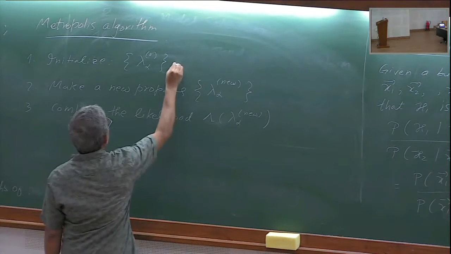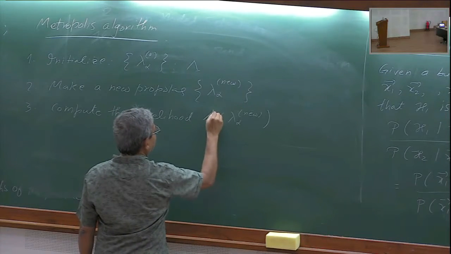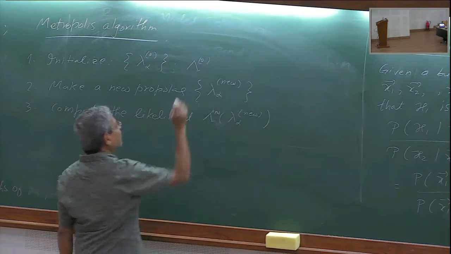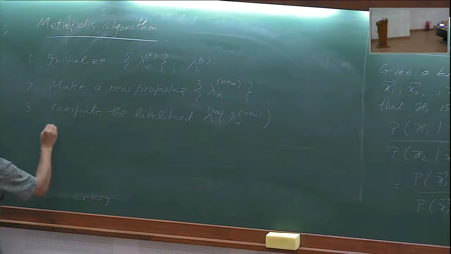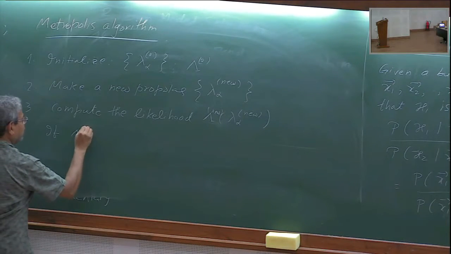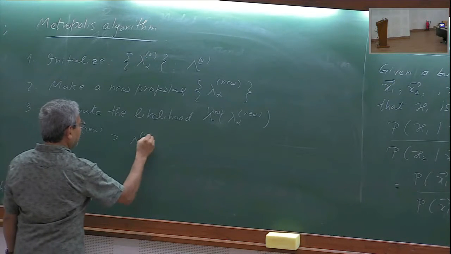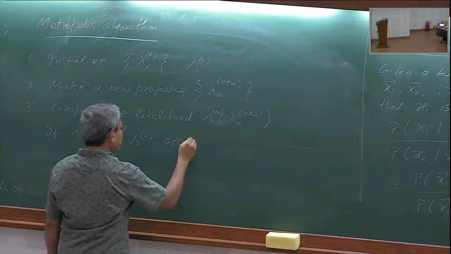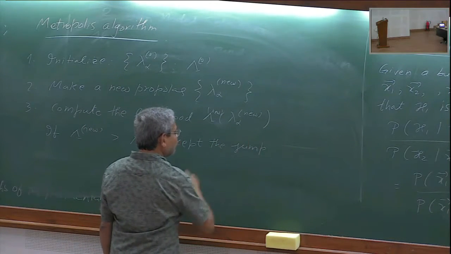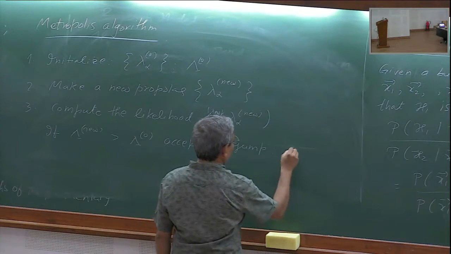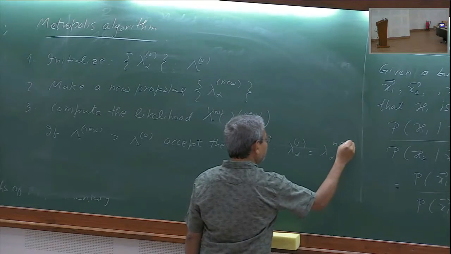Let's call this likelihood lambda nu, and this is lambda naught. If lambda nu is greater than lambda naught, accept the jump. In other words, lambda alpha 1 becomes lambda alpha nu.